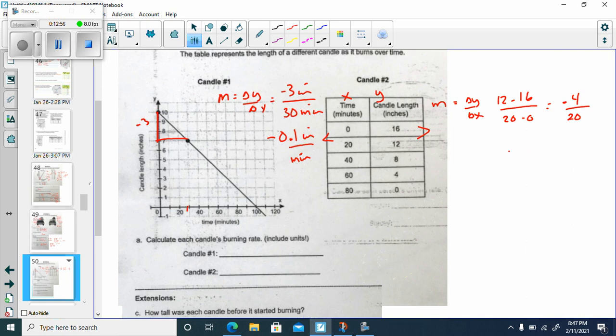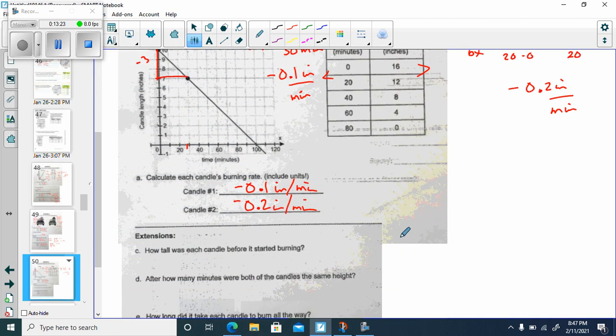If I do the division there, that would give me negative 2/10 of an inch per minute. So which one is burning at a faster rate? The candle 2, right? Because it's burning 2/10 of an inch per minute, whereas candle 1 is only burning at 1/10 of an inch per minute. Okay, and it's negative slope because the height of the candle is going down.